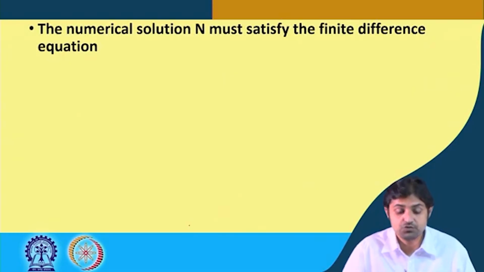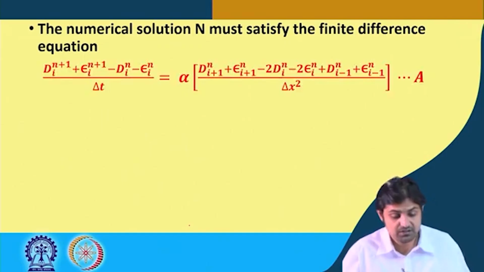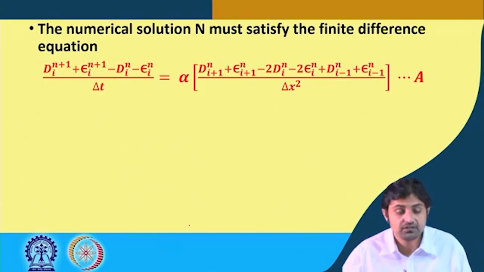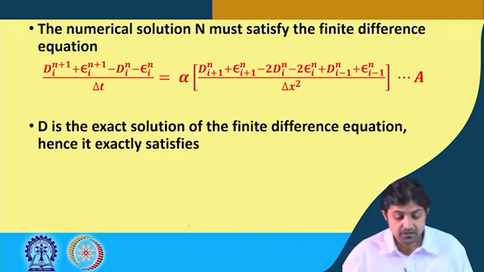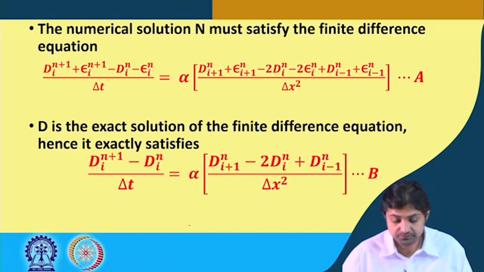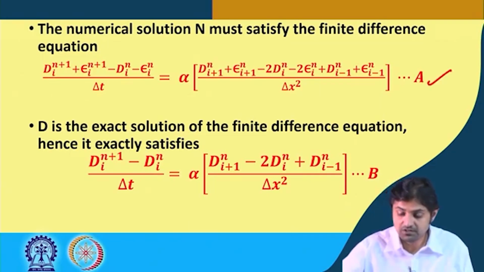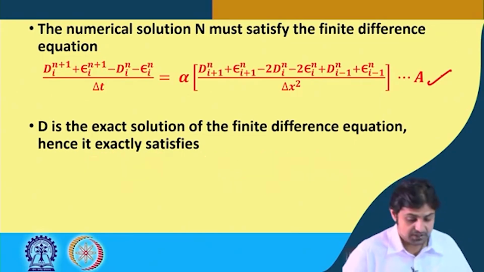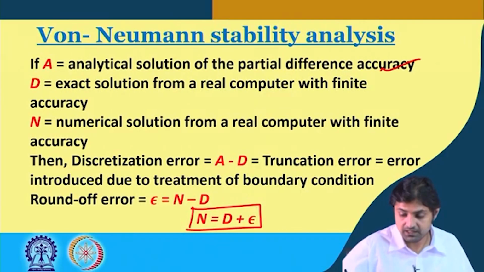The numerical solution N must satisfy the finite difference equation like this. And D is the exact solution of the finite difference equation, hence it exactly satisfies this one, A and B. A was the finite difference equation on the first page that we saw.